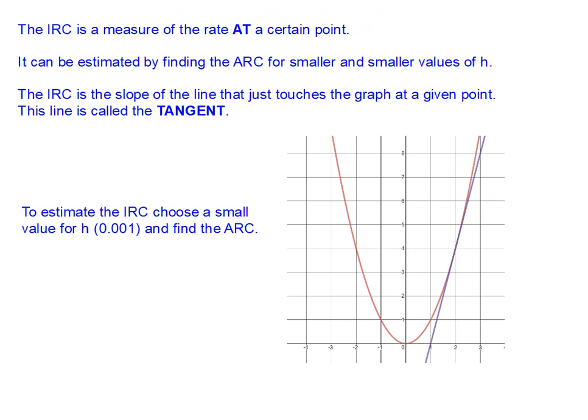Just a reminder that when we looked at the average rate of change, we were finding the slope. I'll use these 2 points again. We were finding the slope of the line that connects 2 points. And we talked about the distance between the two x values as an h value.